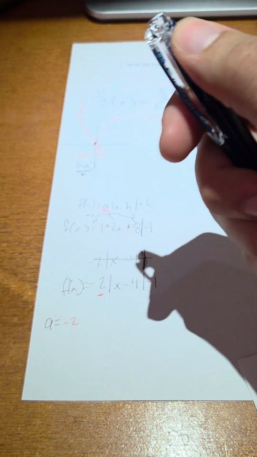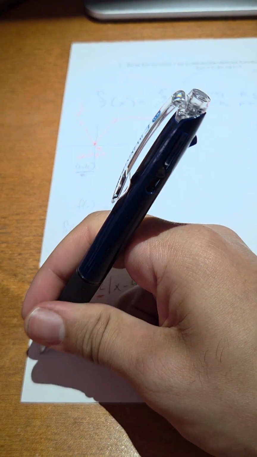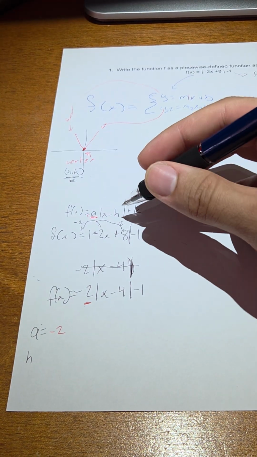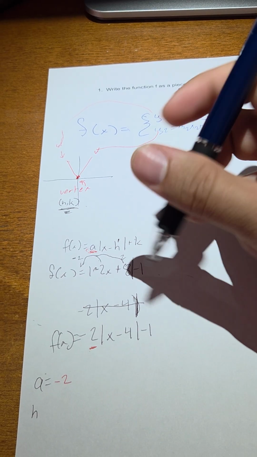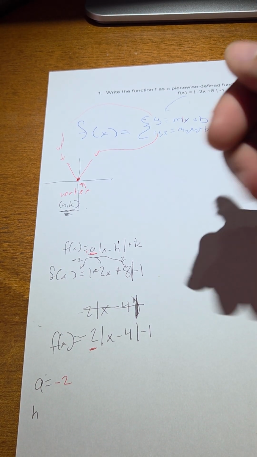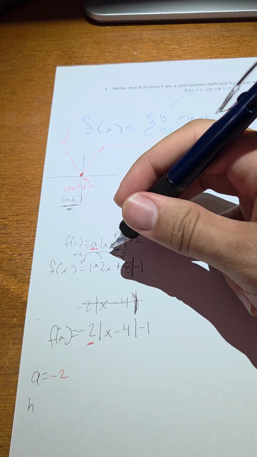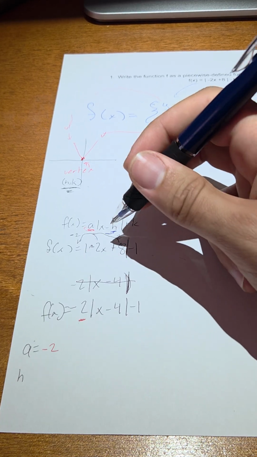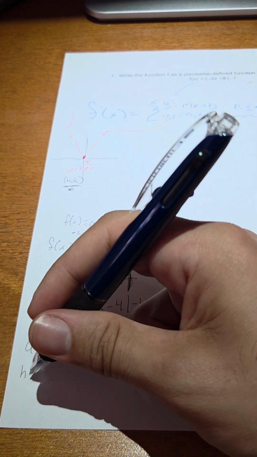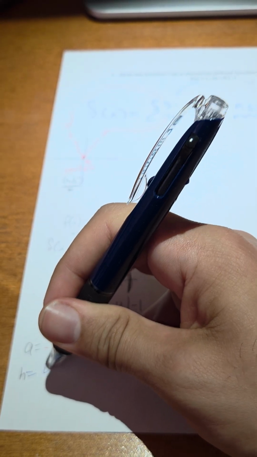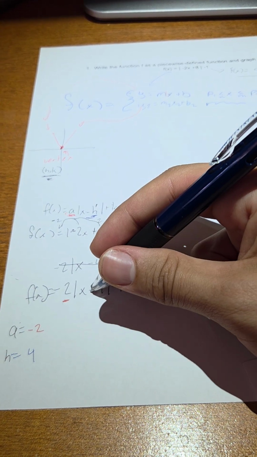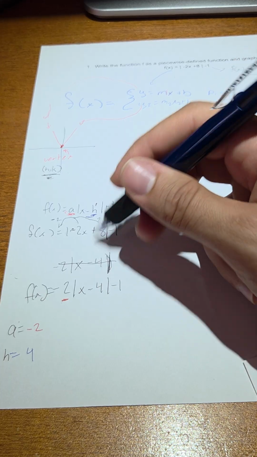Now let's look at our h. Our h is this value right here. It has to be minus h. This is minus h, so that means our h is just 4. If this minus and this minus match, that means our h is positive.